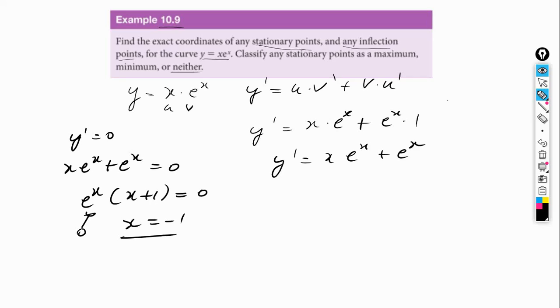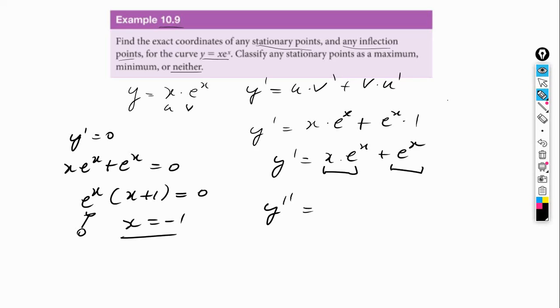Therefore, there's only one stationary point for this function, and it's going to be when x is equal to -1. Now we're going to see if it's a minimum or a maximum, and that depends on the concavity. We can do that by finding the second derivative. So the second derivative is going to be the derivative of this part plus the derivative of this part.